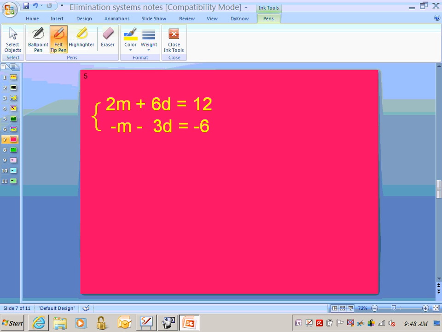Do I need to multiply one or both? One. Which one? The top one or the bottom one? The bottom? What are we going to multiply it by? By 2? Okay, so let's rewrite it. Top one was 2m plus 6d equals 12.